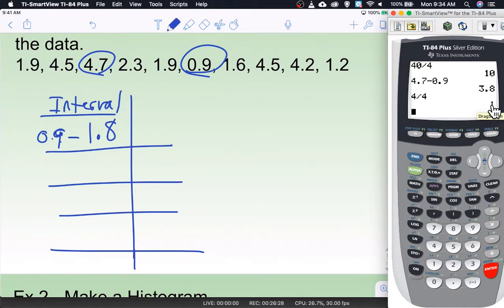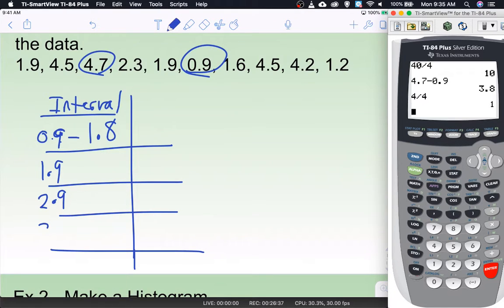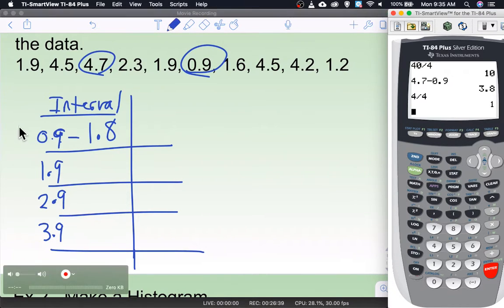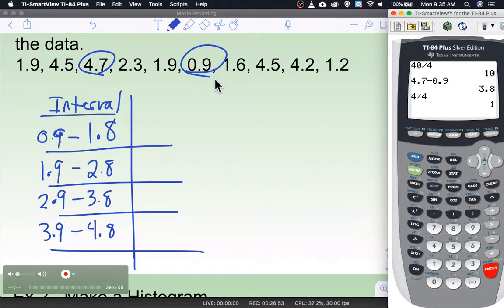Now the next one would start at 1.9. Do you see how it's 1 whole number bigger? And then 2.9, and then 3.9. See how it's 1 whole number bigger, 1 whole number bigger, 1 whole number bigger. Fill in your gaps. This one would go up to 2.8, this would go to 3.8, this would go to 4.8. And that covers all of our data.